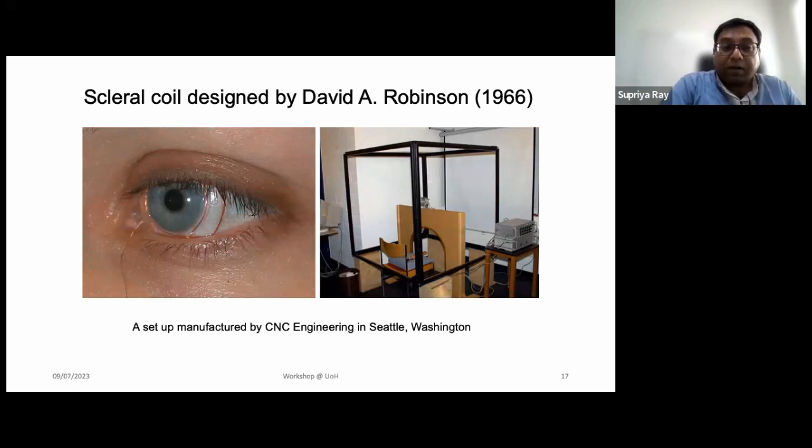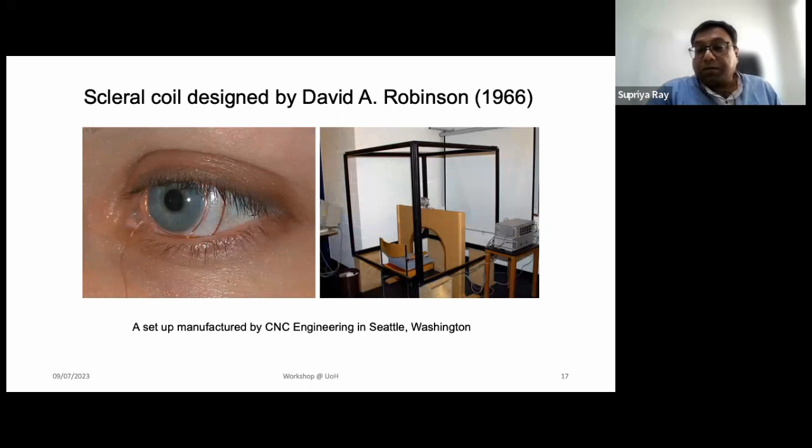As you can see here, the scleral coil is a ring, a conducting wire in the form of a coil, which is placed on the eye of a subject, and with that coil placed on their eyes, the subjects were put into a magnetic field, as you can see on the right-hand side. That cube-like thing that you see here creates a magnetic field.